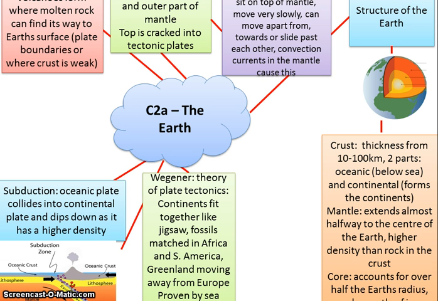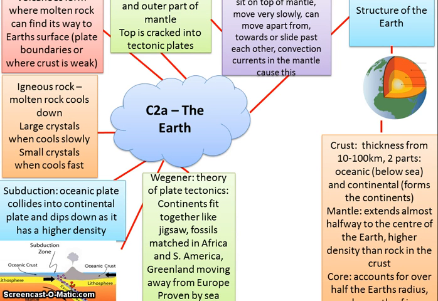Subduction is when the oceanic plate collides into a continental plate and dips down as it has a higher density. This diagram here shows you exactly what's going on, and again you may well be asked to talk about subduction and the lithosphere sliding underneath the other plate.